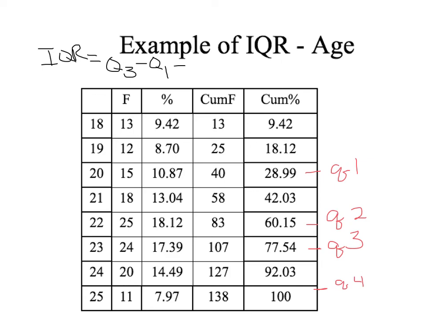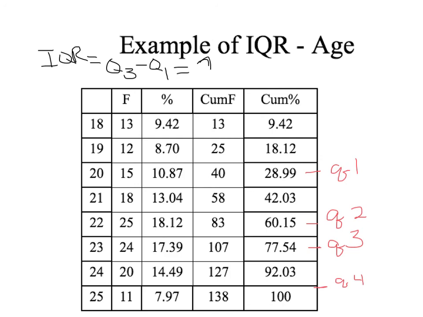In this case, for Q3, we have age 23. For Q1, we have age 20. So we're going to have 23 minus 20 equals 3. So our IQR, or interquartile range, is 3 years.